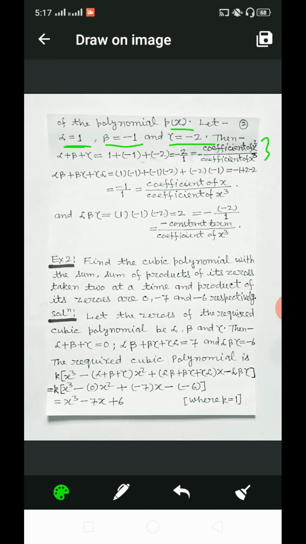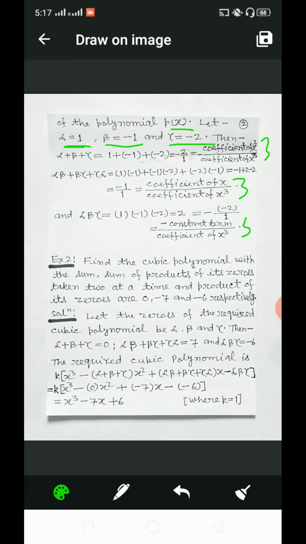This is equal to coefficient of x by coefficient of x cube, and product of alpha beta gamma equal to 1 into (minus 1) into (minus 2), and this is equal to 2, and this can be written as minus (minus 2) by 1, and this is equal to minus constant term by coefficient of x cube. So in this way we can verify the relationship between the zeros and its coefficients.